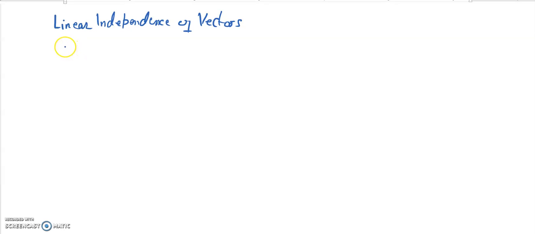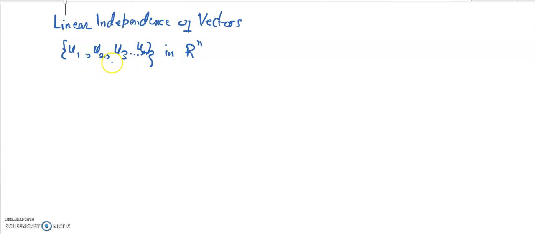If we have some vectors such as u1, u2, u3, etc. up to, say, in Rn, that means each vector has n components.